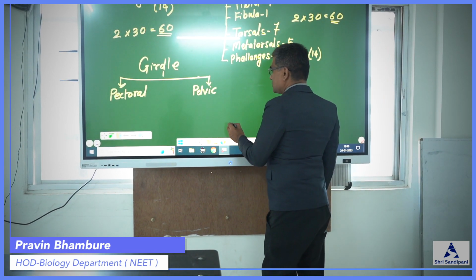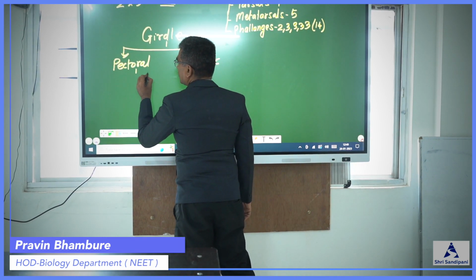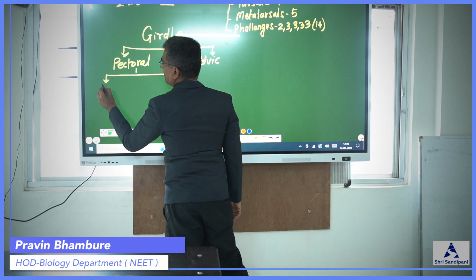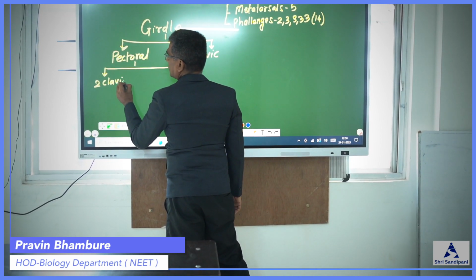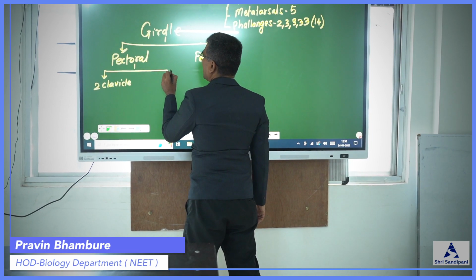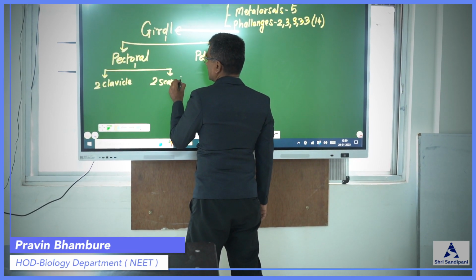Now girdle bones are made up of what? If we go further, the pectoral girdle has 2 parts, that is 2 clavicle bones and 2 scapulae. Now what are these?